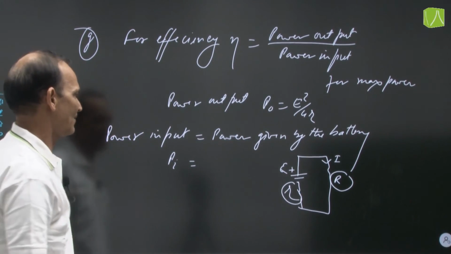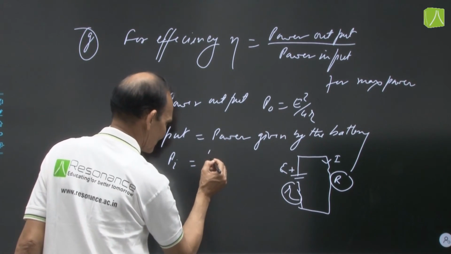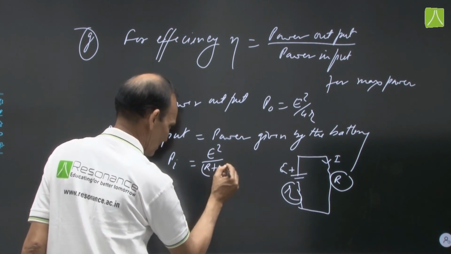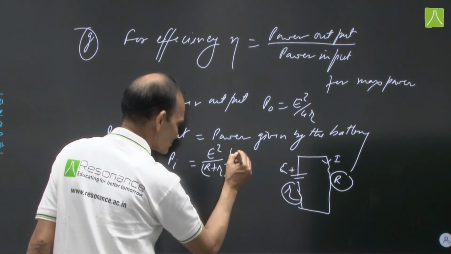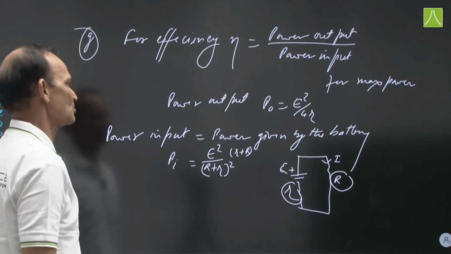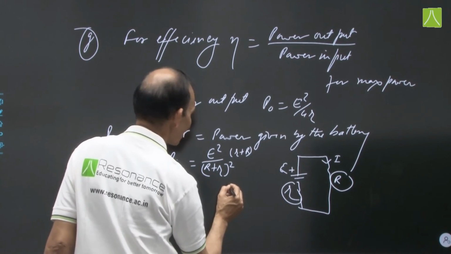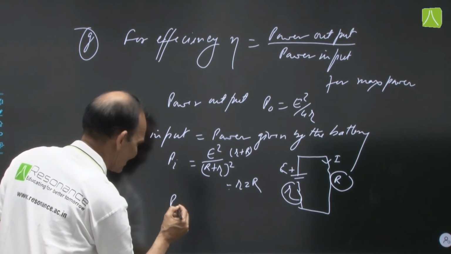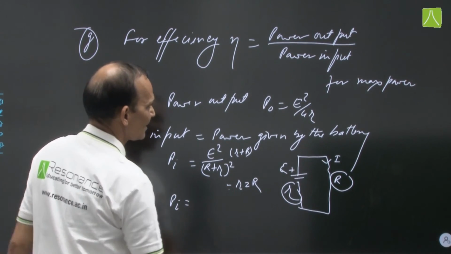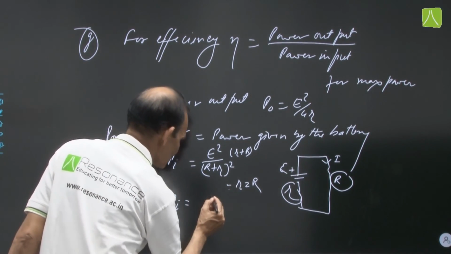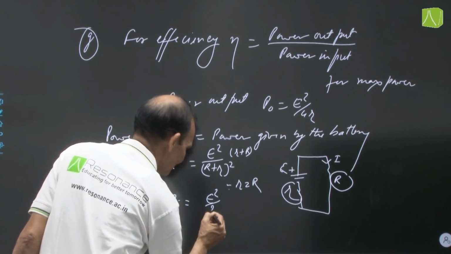We have total power, so that is E square upon (R plus r) whole square into (R plus r), because small r is equal to capital R. We can write Pi equals E square upon 4R into 2R, which cancels to E square by 2r.